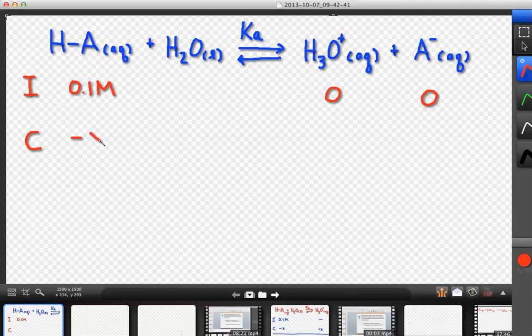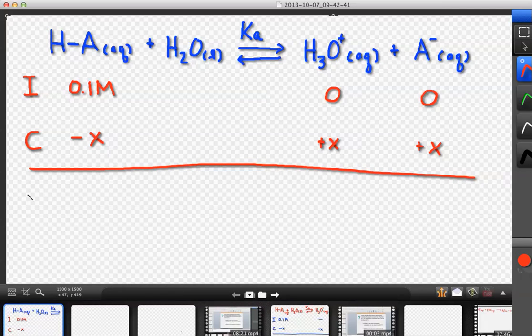Some amount, we're going to call that amount X, will dissociate, and so consistent with the stoichiometry of the reaction, we will gain X molar of hydronium and A minus, and we will lose X molar of HA. So at equilibrium we have 0.1 minus X, and then we have X molar of hydronium and X molar of A minus.